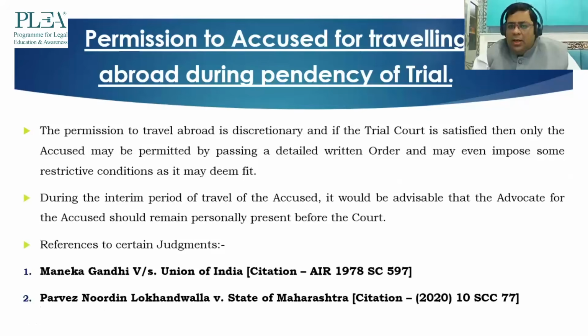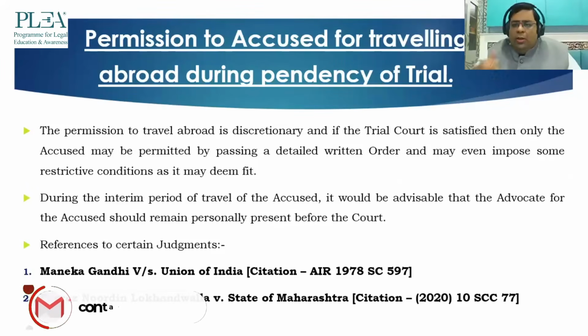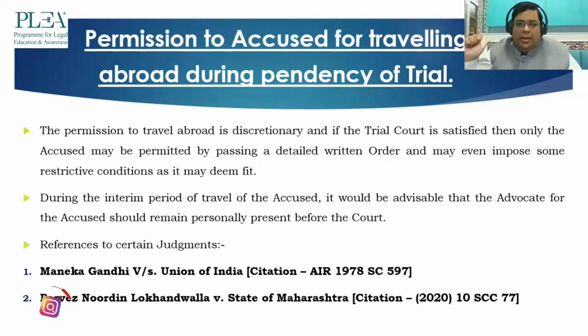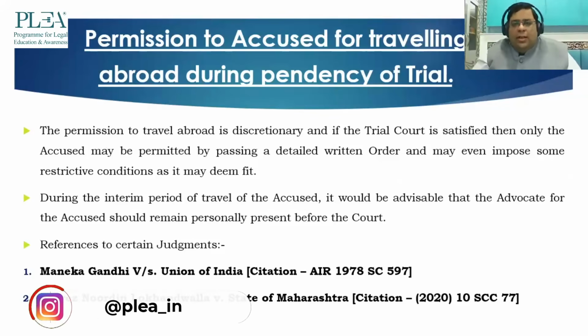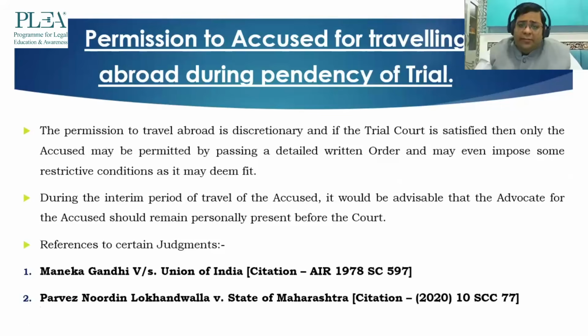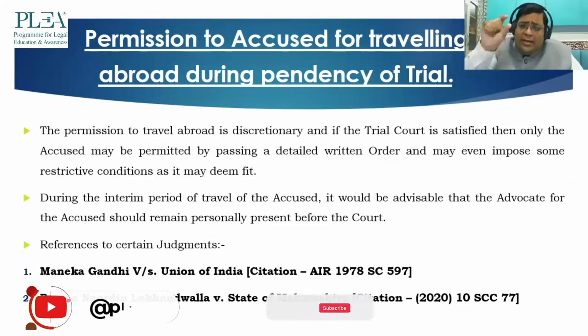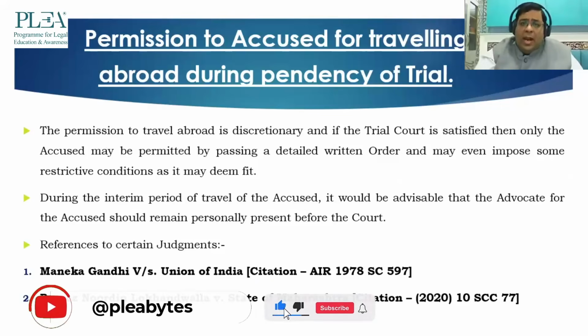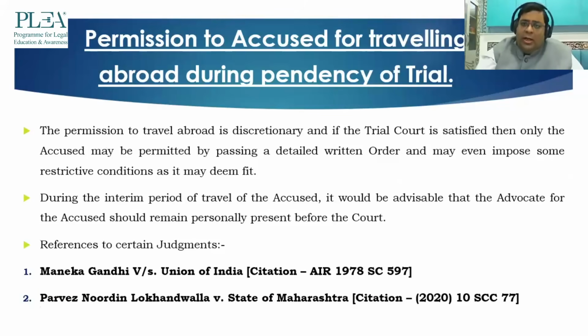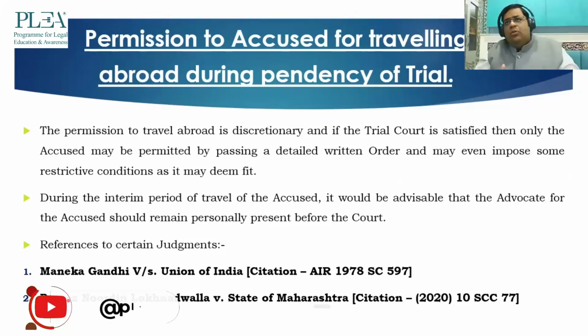Now, the permission to travel, as I said earlier, is discretionary and only on the satisfaction of the factors which I stated earlier can this permission be allowed. And if it is allowed, a written detailed order is passed. When the court passes an order, it may put some restrictive conditions also, as it may deem fit.